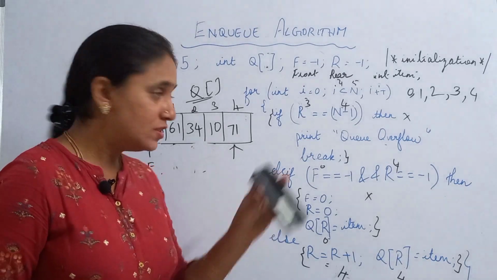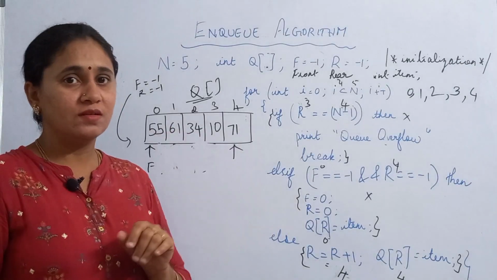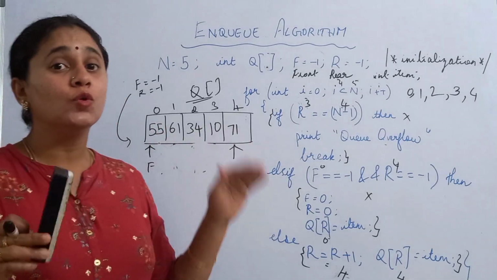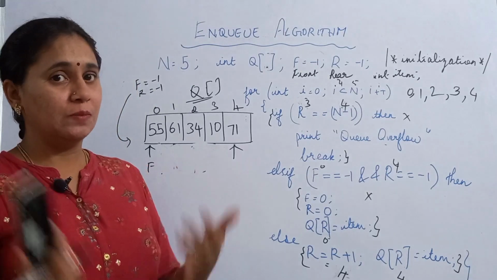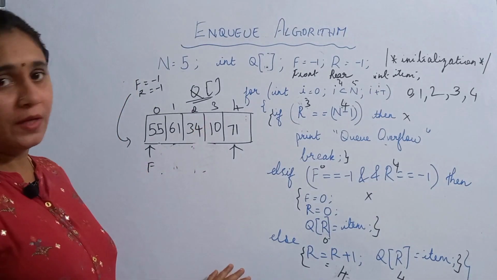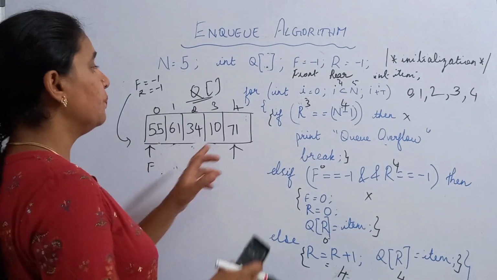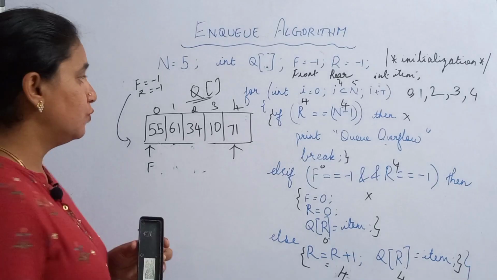So now if you view this data structure, all the elements are inserted. That is, according to it, the queue is full. If any element is coming in the future, we cannot insert it, isn't it? Now shall we see how it is being operated? So now what is r value? So r value is equal to 4.